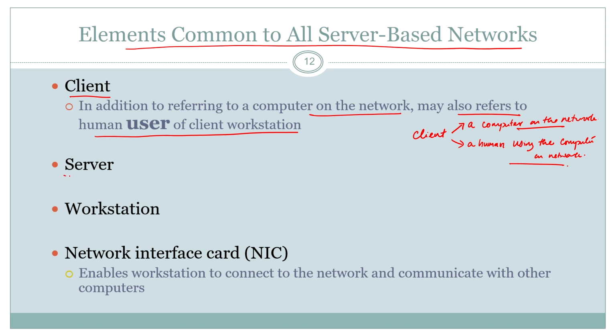And the server, we saw what it is. We said it is a high power computer which manages the resources, the devices and data of a network. And we saw what a workstation is.